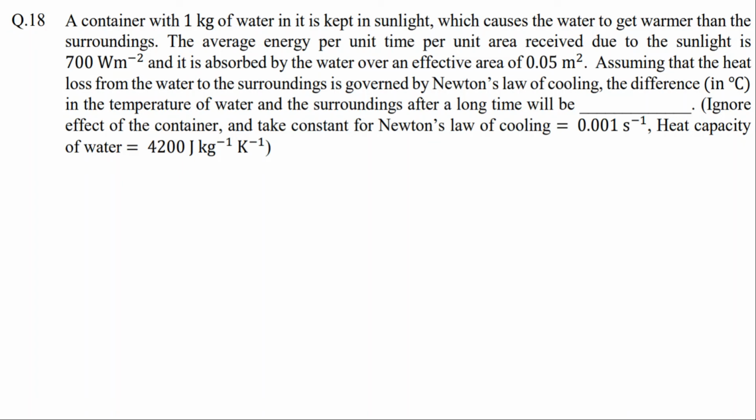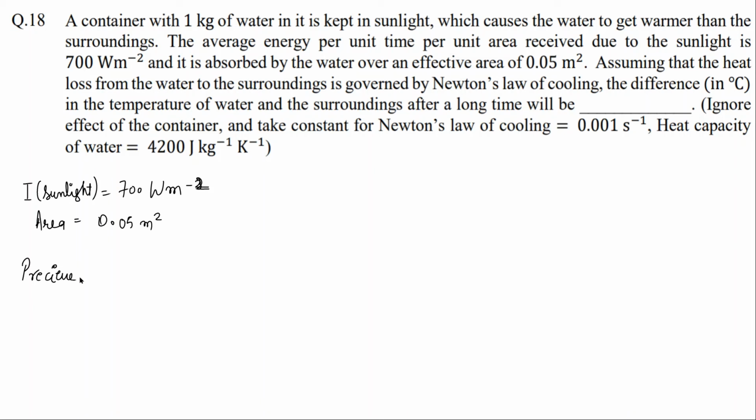You see how we're going to do this. First of all, let us say the intensity I of sunlight, as given, is 700 watt per meter square, and the area is 0.05 meter square.